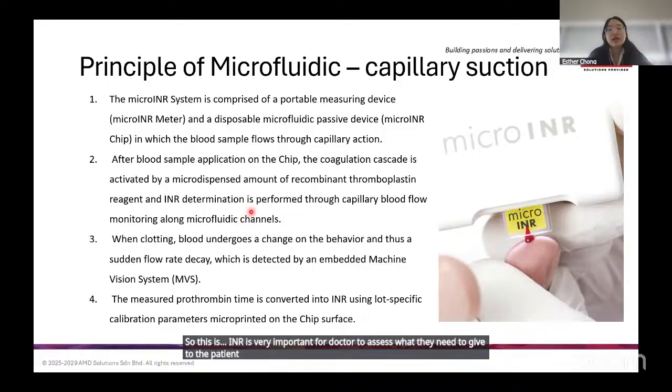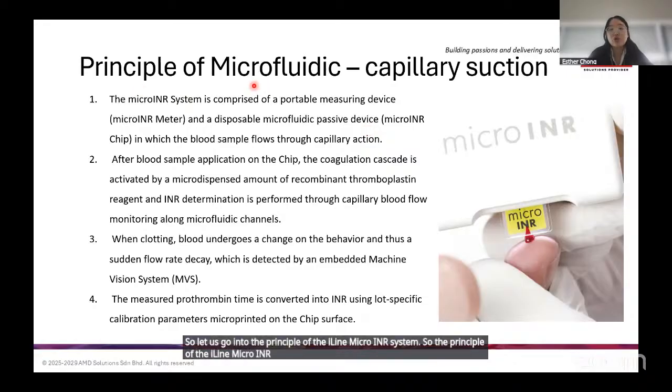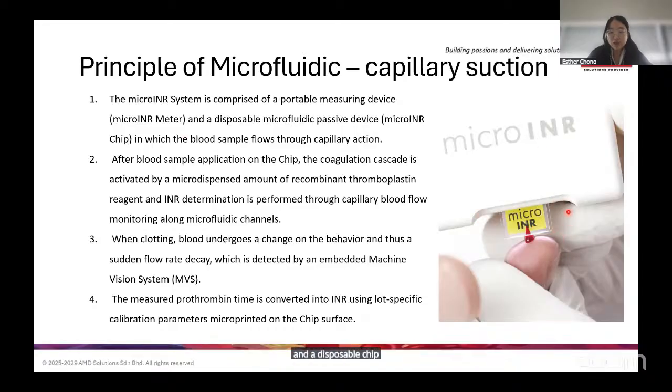So let us go into the principle of the iLine micro INR system. So the principle of the iLine micro INR system is using the microfluidic capillary suction. So the micro INR system comprises a measuring device and a disposable chip. So you can see here, this is the chip of the micro INR system.